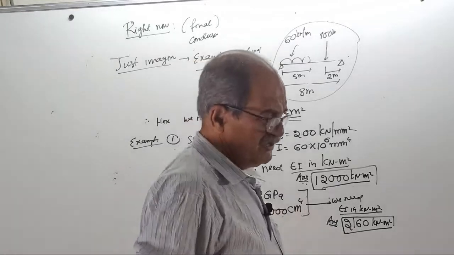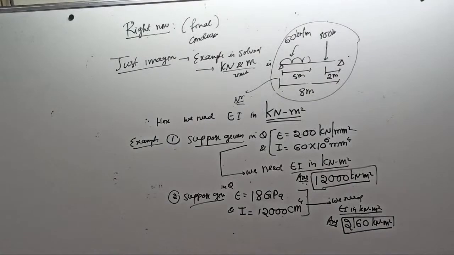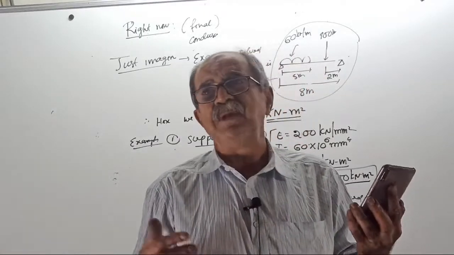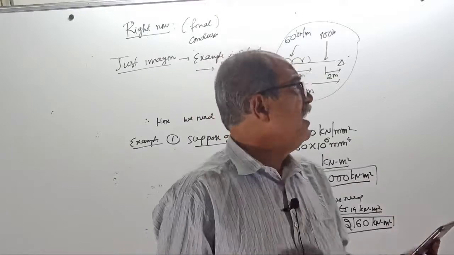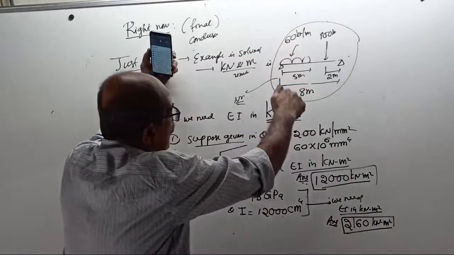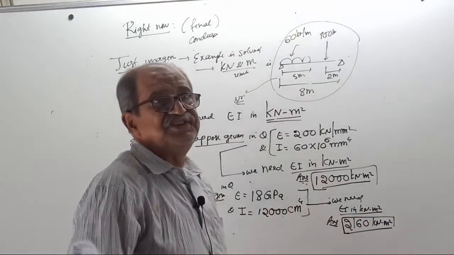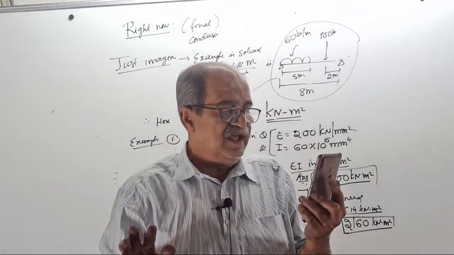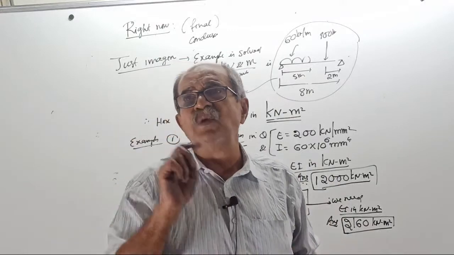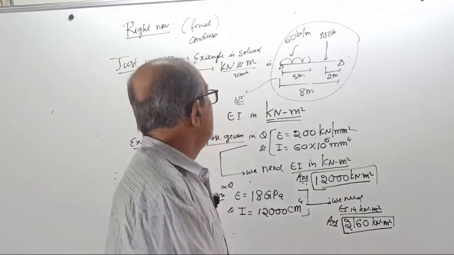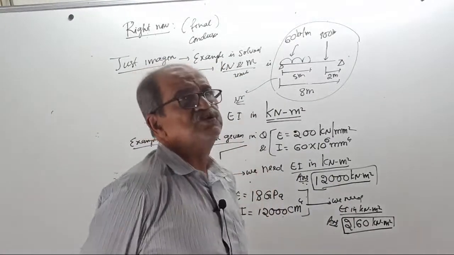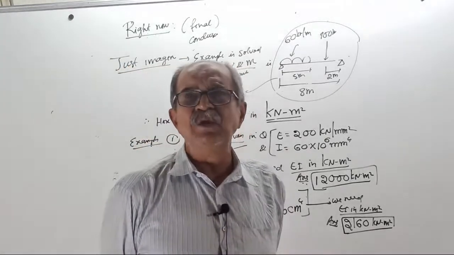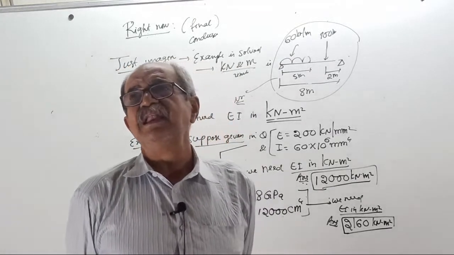Yes, correct, 2160. You should type now, yes, got it, good. Anyway, everybody may not get it. Therefore, in tomorrow's class, as I start, I will explain these two in such a way that it will be 100% clear. And from then onwards, when I solve any problem, I can give E in any unit, I can give I in any unit.